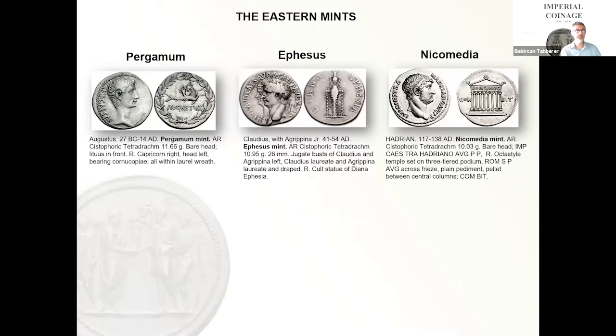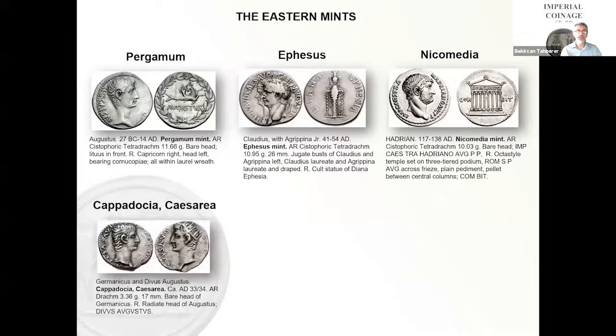So Augustus simply continued the practice, and mainly Pergamum, Ephesus, Nicomedia, and several other cities minted coins in the range of 10.5 grams to 12 grams.